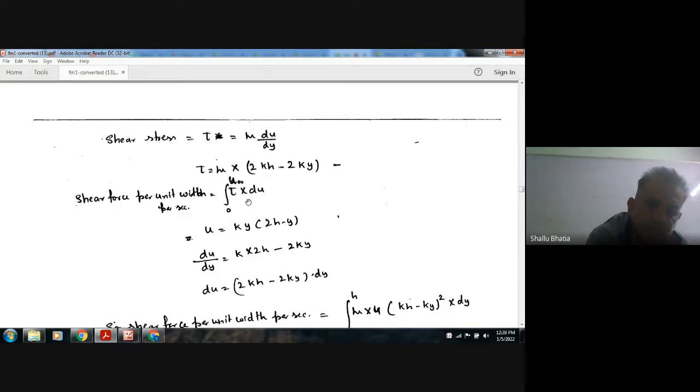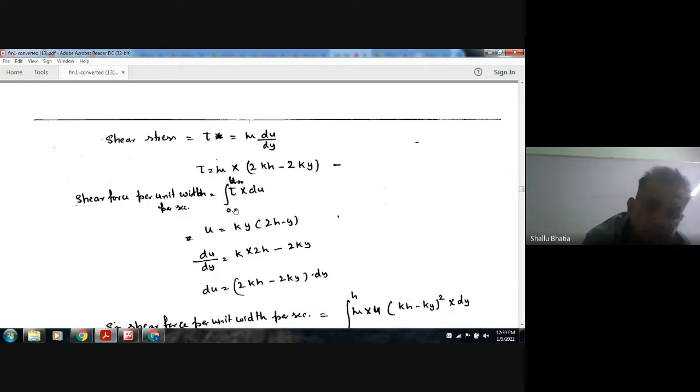So it is tau du. This is the shear force per unit width per second, as it is acting on one layer.